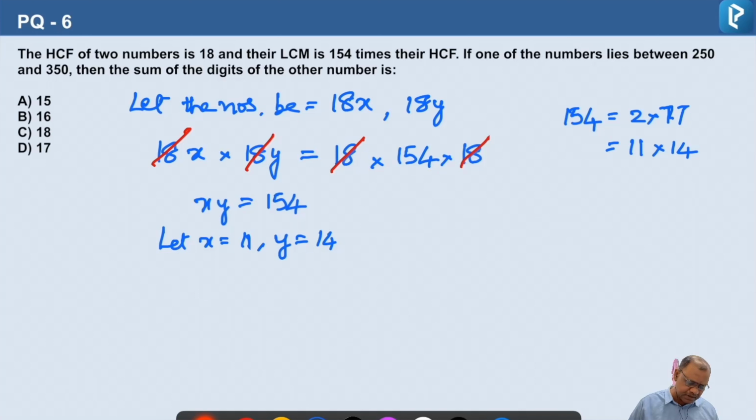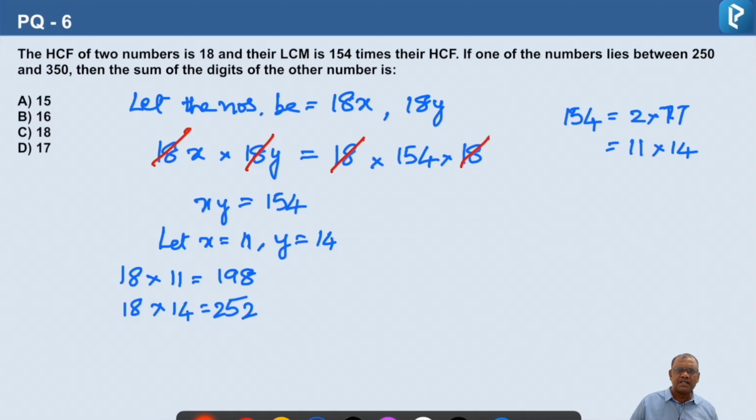So what are the numbers? 18 into 11 is one number, that is 198, and the other number is 18 into 14. 14 8s are 112, write 2, carry 11. 14 1s are 14 plus 11, 25. So 252 is one number, 198 is the other number.